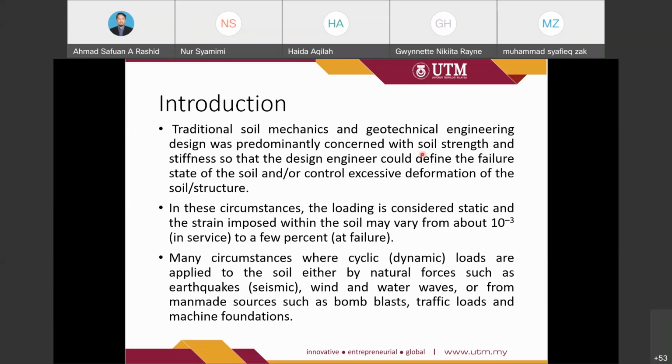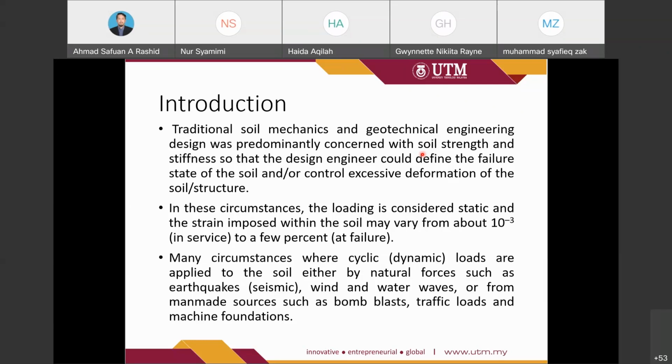In this circumstance, the loading is considered static and the strain imposed within the soil may vary from about 10 to the power of negative 3 in service to a few percent at failure.